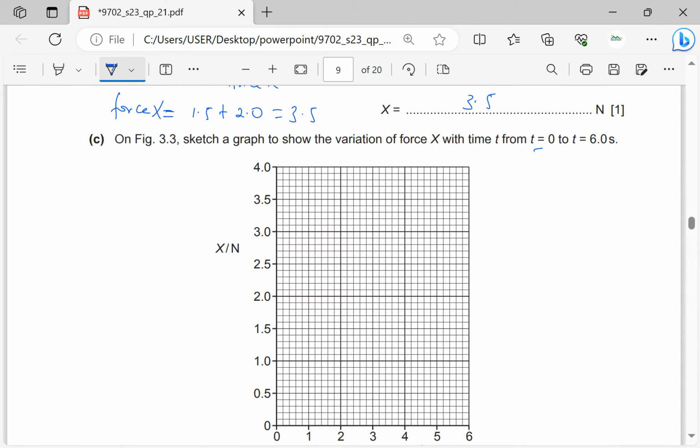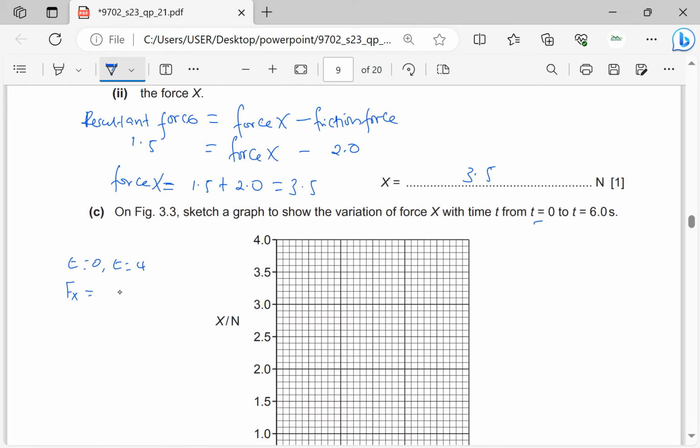Let's say that between t equals 0 to t equals 4, the force X, remember force X from the previous part above us, is equal to the resultant force, F resultant, plus friction, F friction.